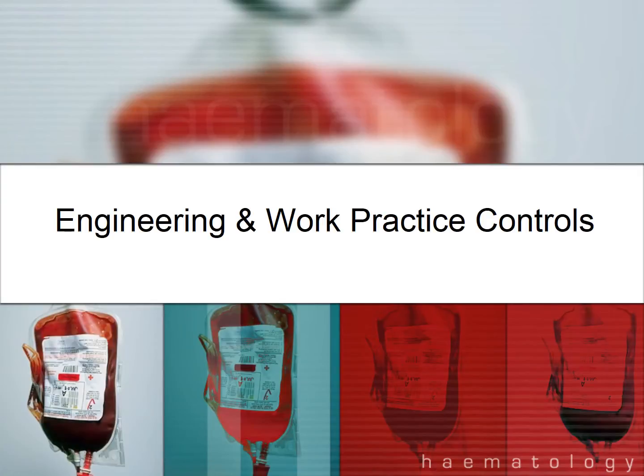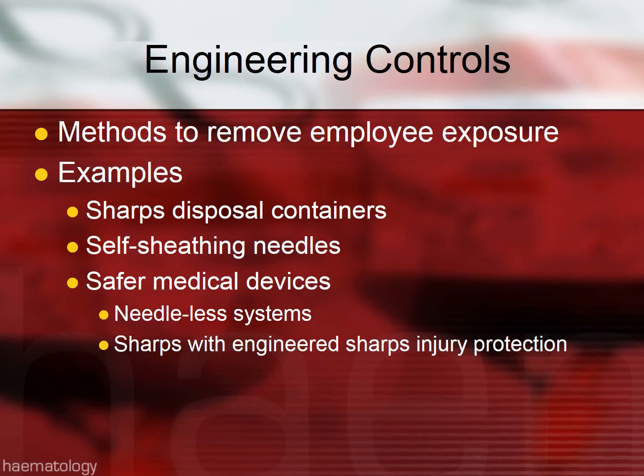So let's talk a little bit about engineering and work practice or administrative controls. Your engineering methods, as we talked about before, are where you're actually removing the employee exposure, so the employees don't come in contact with it at all. Some examples of those engineering controls are sharps disposal containers.